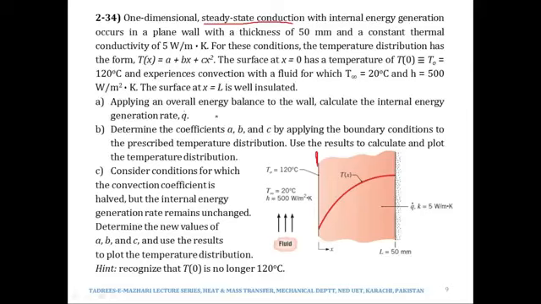As far as part A is concerned, when we apply the energy balance, first of all kindly take a look at this diagram. There is Q dot, k of this wall is constant, 5 watts per meter Kelvin, and this is the temperature distribution A plus Bx plus Cx², and we do not know the exact temperature distribution, we only know its form.